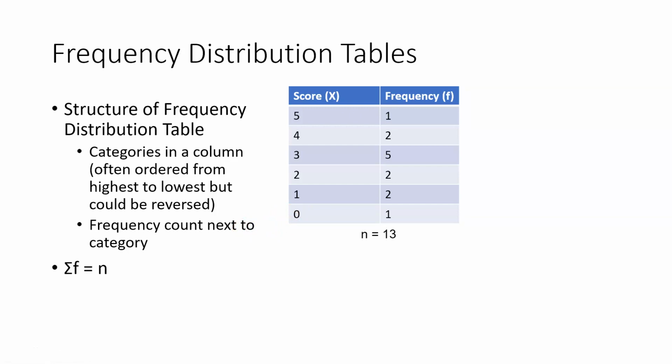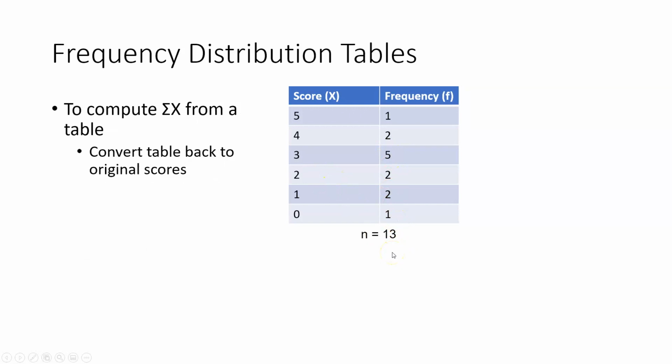If you want to figure out how many people were in your study or how many people are reflected in this table, you can add up the frequency because these represent the number of people who scored various amounts. If you add these up, it comes to 13. So 13 people were reflected in this table. Now, if you want to compute the sum of the values, the sum of the original scores, you should convert the table back to original scores.